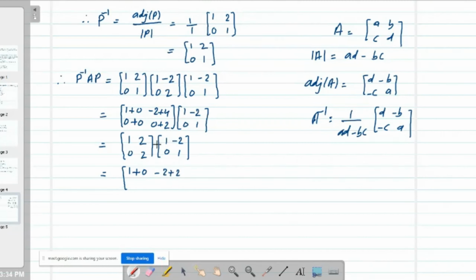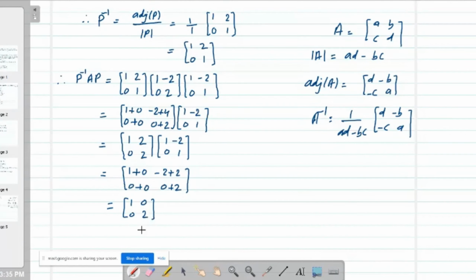Now this multiplied by this, so 0 multiplied by 1 is 0 and 2 multiplied by 0 is 0, and here what do we multiply, 0, so this will be 0, and multiply by plus 2, 1 times 2 is 2, so you will get 1 0 0 2.